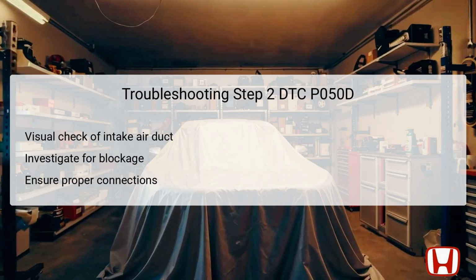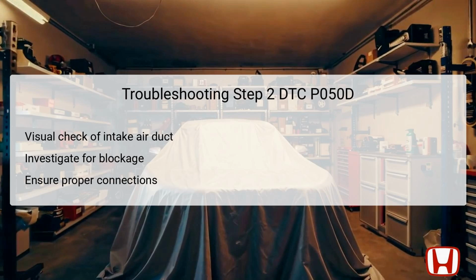In Step 2 of the troubleshooting guide, a visual inspection of the intake air duct is conducted. This component is vital because it directs air into the engine, and any obstruction or poor connection can severely impact engine performance. While performing this check, look for any blockages or disconnections that may have occurred.